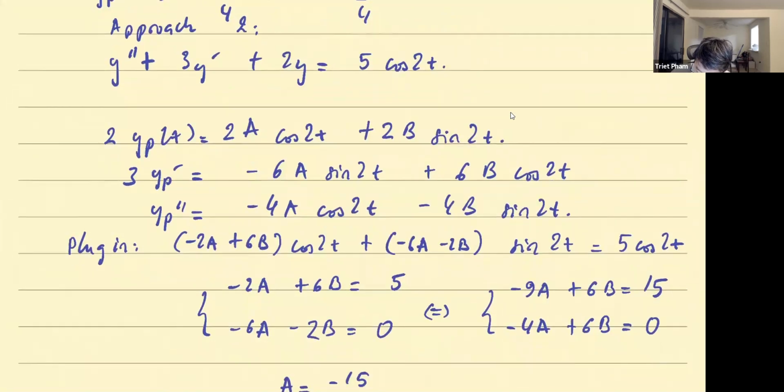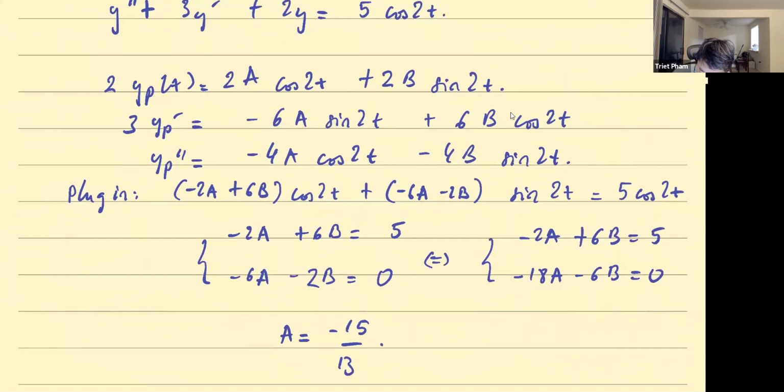So I keep the first equation, I multiply the second one by 3. So minus 2a plus 6b is equal to 5, and then minus 18a minus 6b is equal to 0. So minus 20a is equal to 5, or a is minus 1/4, right?